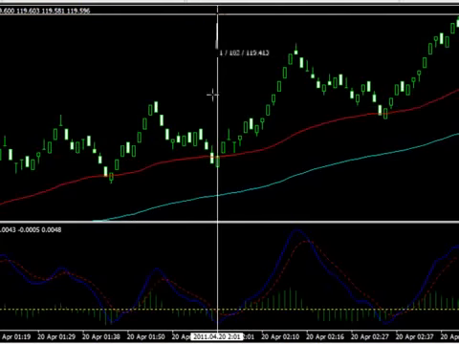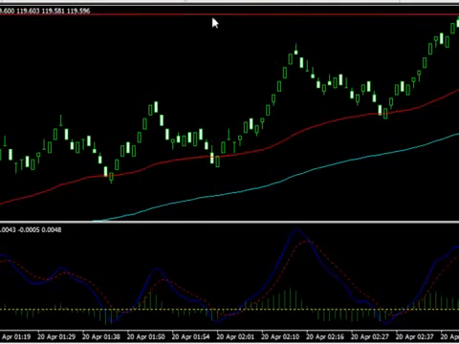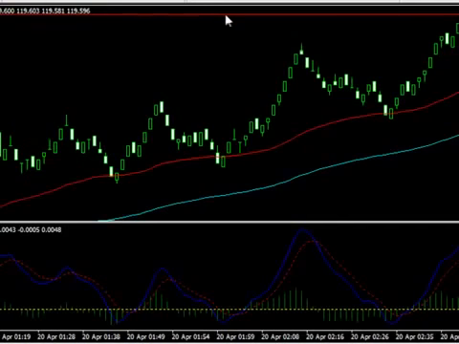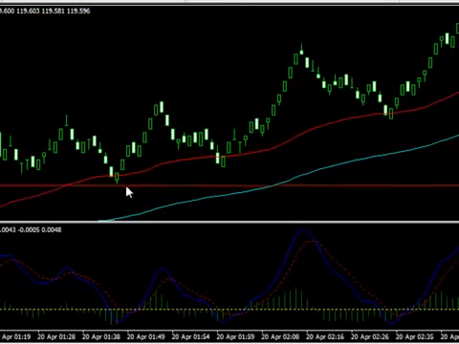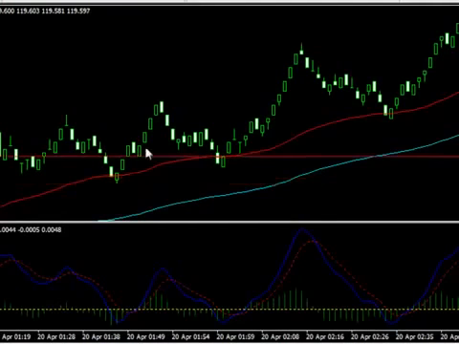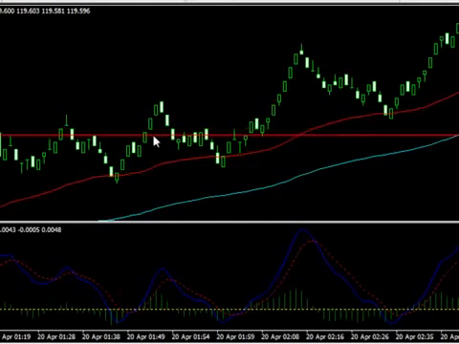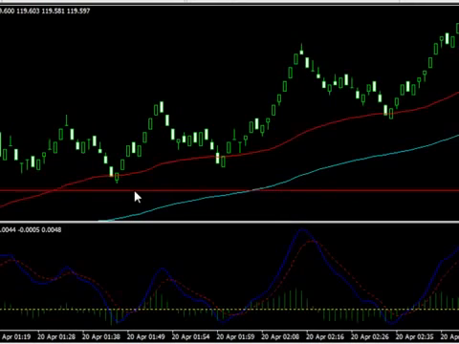Okay, and we put our stop just below this swing low here. And as far as targets, that'll vary. Each guy's going to be a little different. You want 10 pips a trade. You want a 1-to-1 risk reward ratio here.